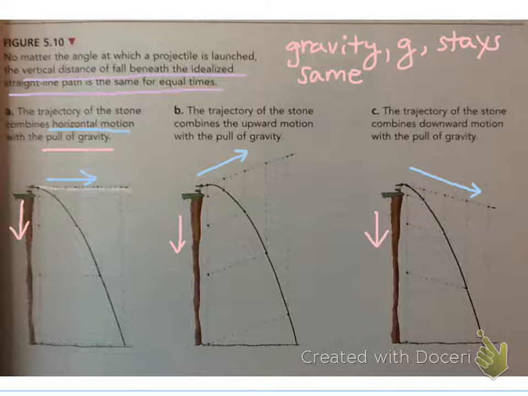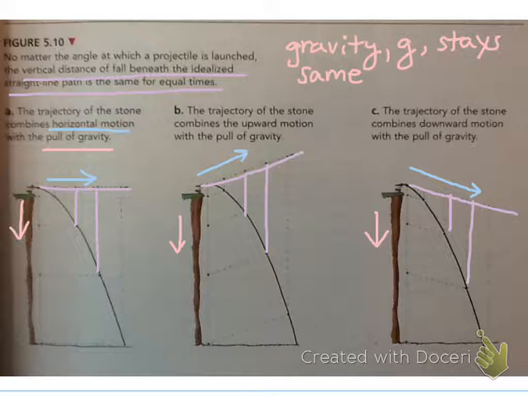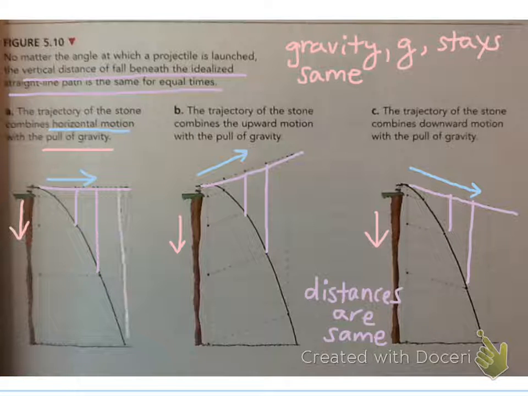So here's our idealized straight line path each time. And what we want to notice is this distance here and this distance here, this distance here and this distance here. Those distances are all the same.